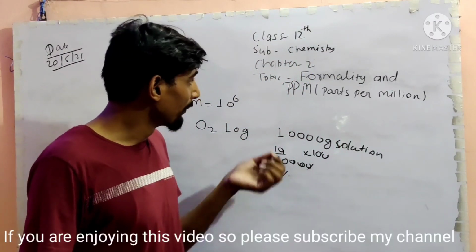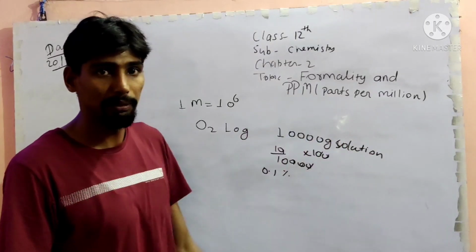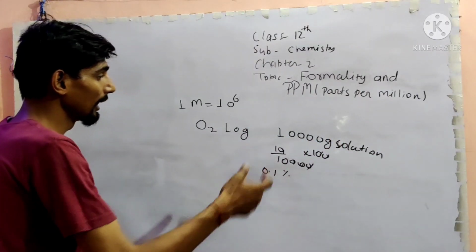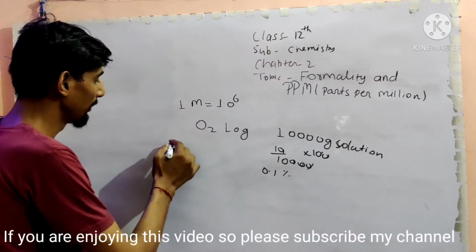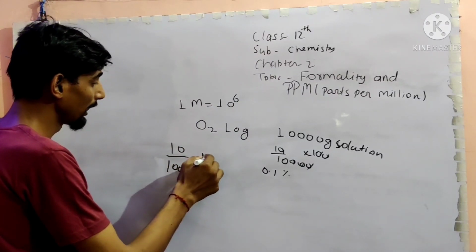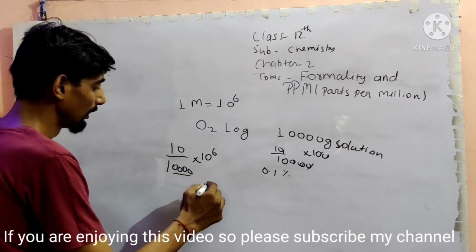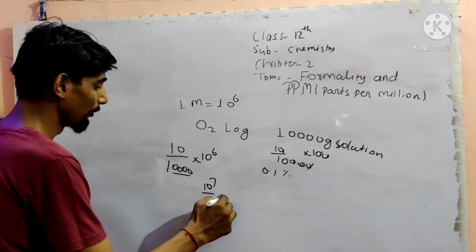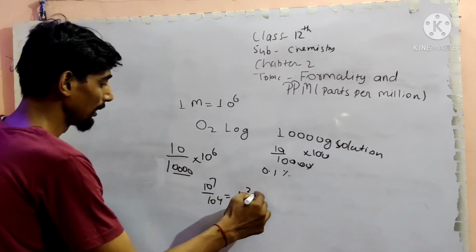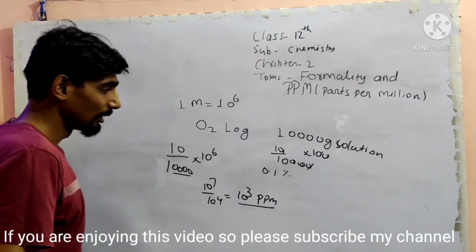To make it even, we can write concentration in terms of parts per million: 10 upon 10,000 into 10 to the power 6. So 10 to the power 7 upon 10 to the power 4 gives 10 to the power 3 ppm.